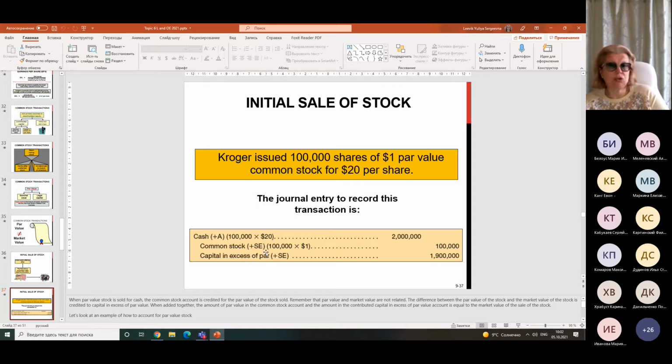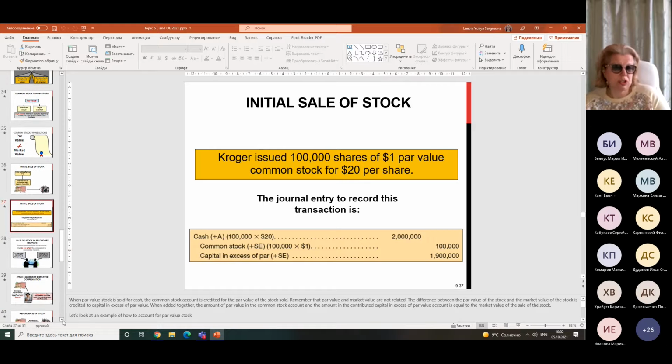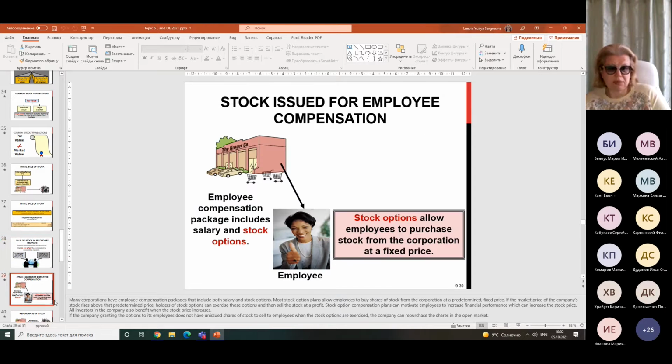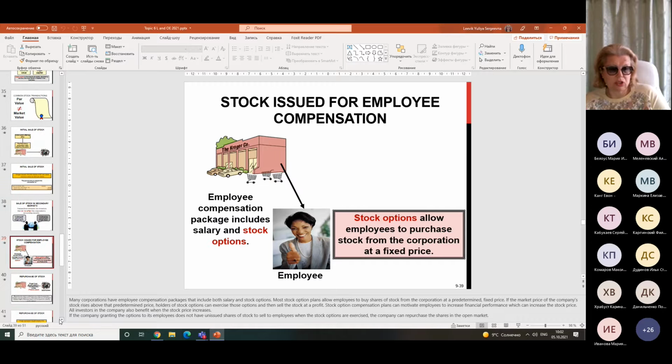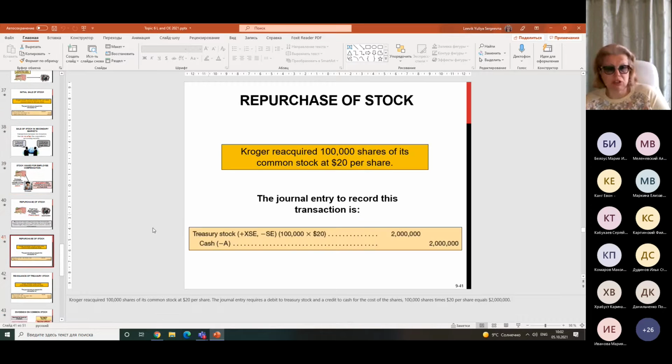So this is how we should treat issuance of stock. This is not new material. We already discussed it, but once again, let me repeat. So this is about issuance of common stock. The repurchase of stock, which we already discussed.